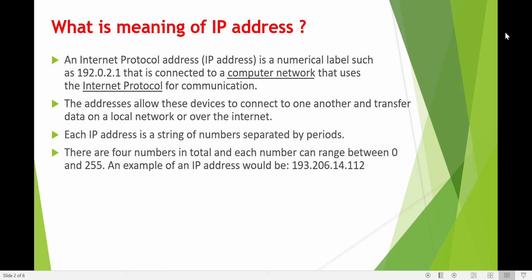So each IP address is a string of numbers separated by dots or periods. Generally there are 4 numbers in total and each number can range between 0 and 255. An example of an IP address would be 193.206.14.112.